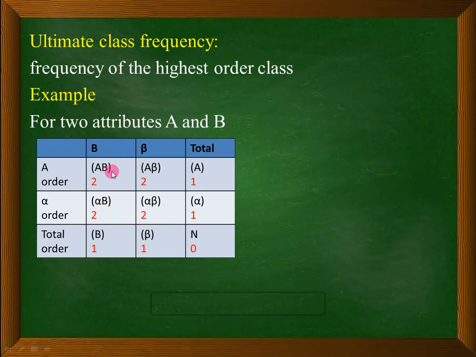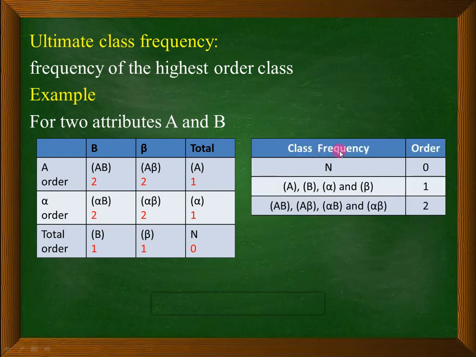Now, here 2 attributes are used to form the class, therefore its order is 2. Order of frequency A is 1, frequency alpha is 1, frequency B is 1, frequency beta is 1, and these are the classes with order 2. So, we have class frequency, order of n is 0, order of frequency A, frequency B, frequency alpha and frequency beta is 1.